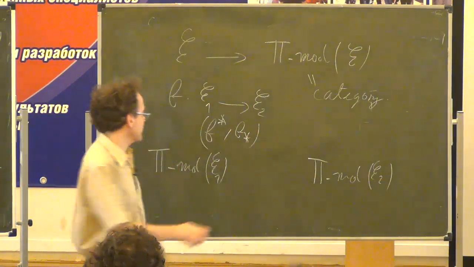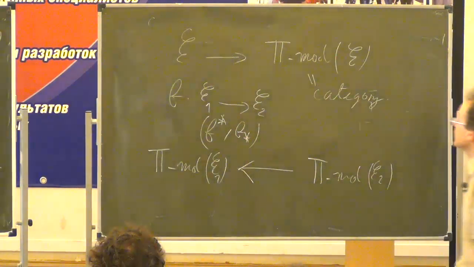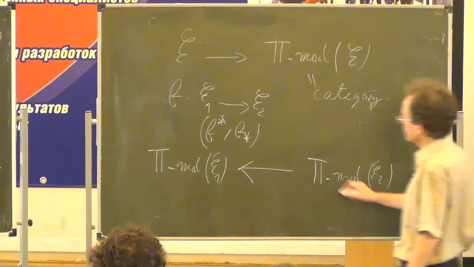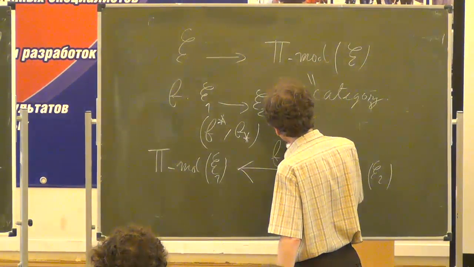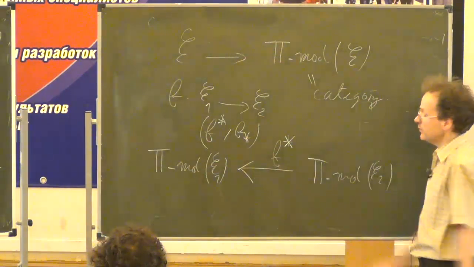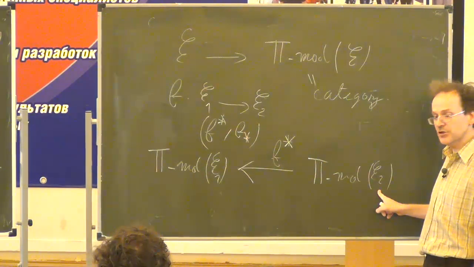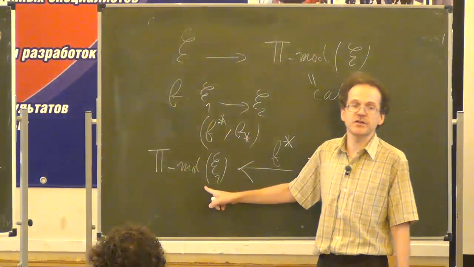So because of these properties, we are interested in theories such that there is an induced functor which goes in the other direction, induced by the pullback functor, from the models of T in E2 to the models of T in E1.